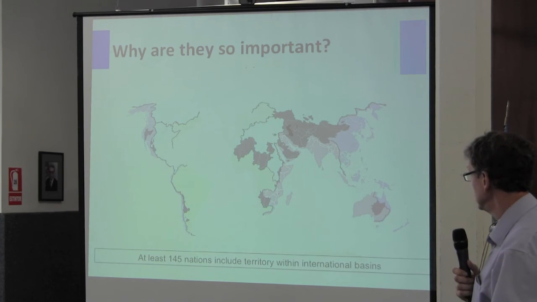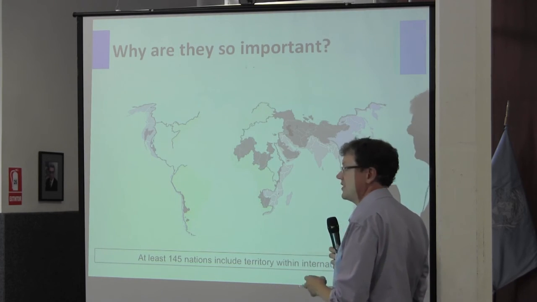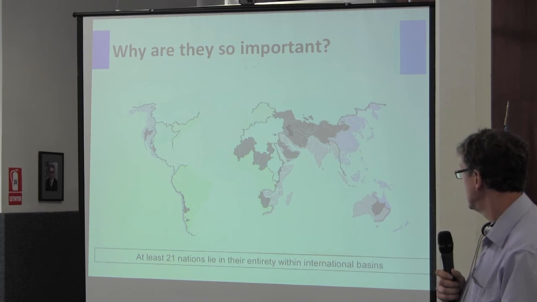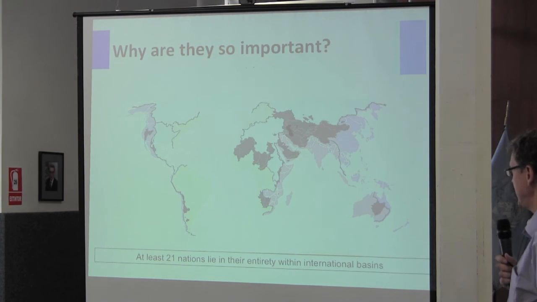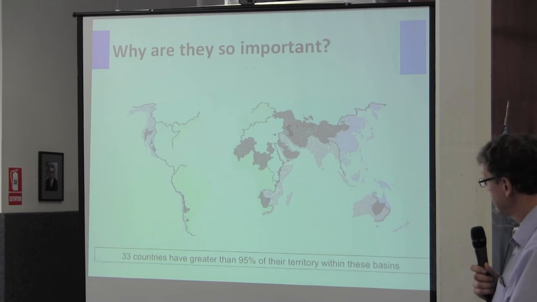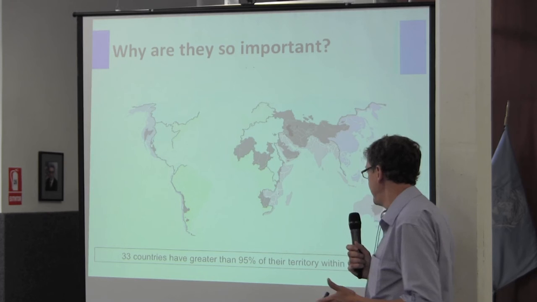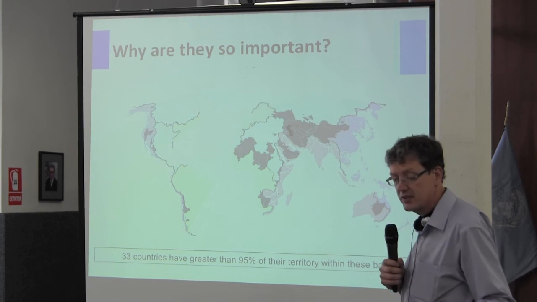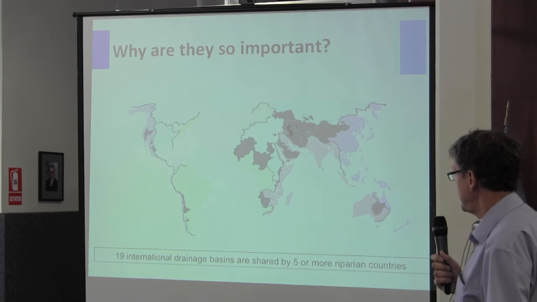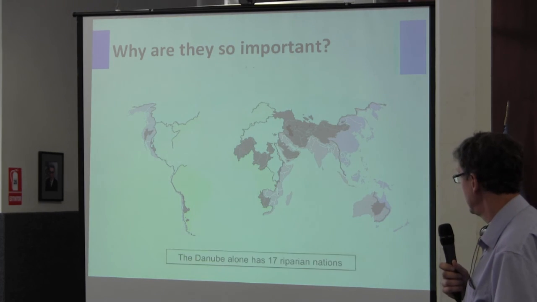Furthermore, at least 145 nations include territories within an international basin. At least 21 nations lie in their entirety within international basins. 33 countries have greater than 95% of their territory within these basins. 19 international basins are shared between 5 or more riparian countries.